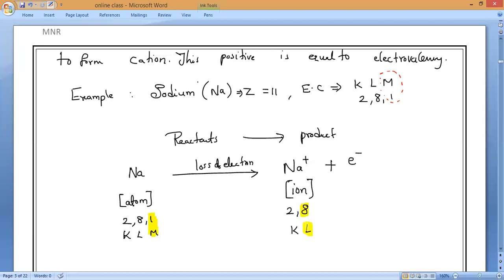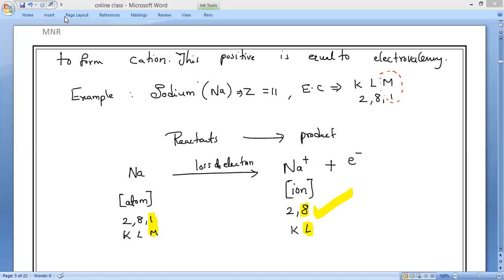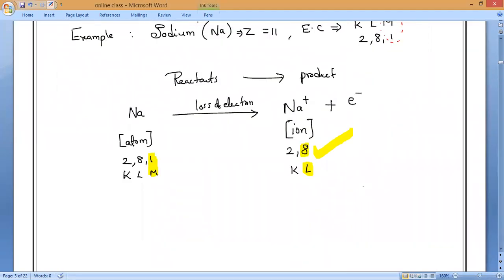How many electrons are there in the L shell? 8. That is why the sodium ion is stable. So that is the reason it will lose the electron, to become stable in nature. That is what you have to remember.